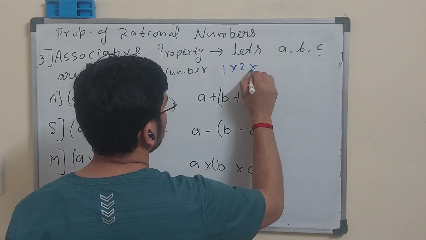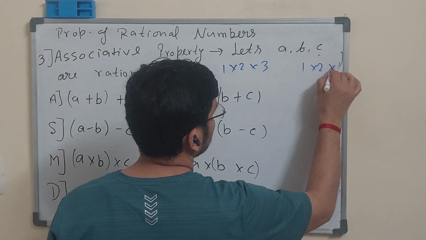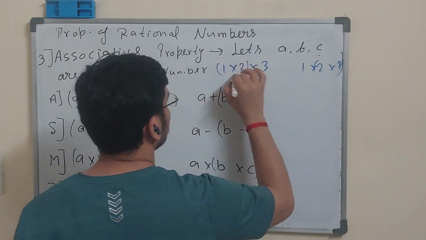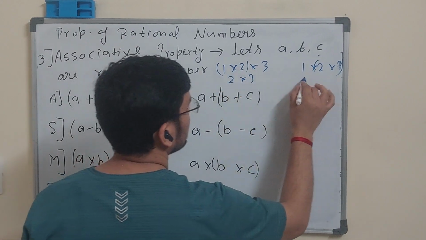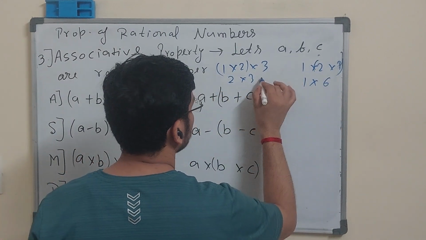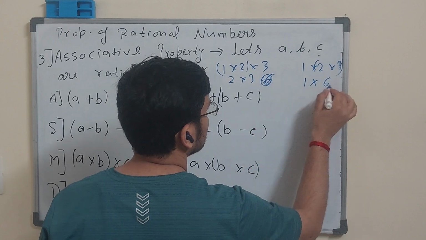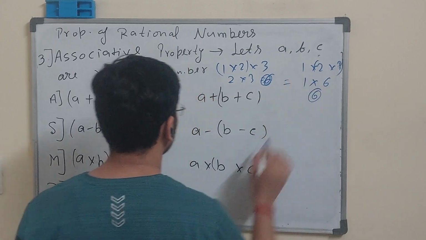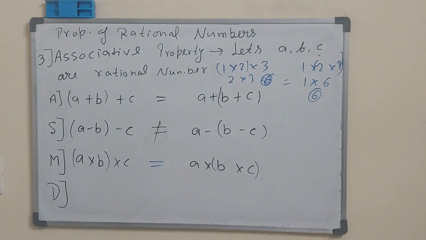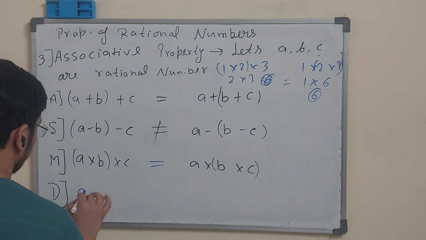One into 2 into 3, 1 into 2 into 3. Break it. 2 ones are 2, 2 into 3 is 6. 1 into 2 threes are 6, 6 ones are 6. Both are same, so this property will be valid. Right, now last one will be division.